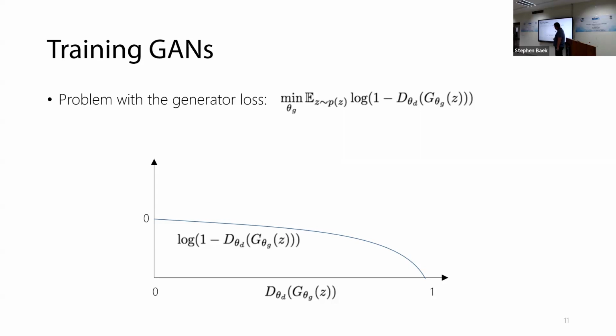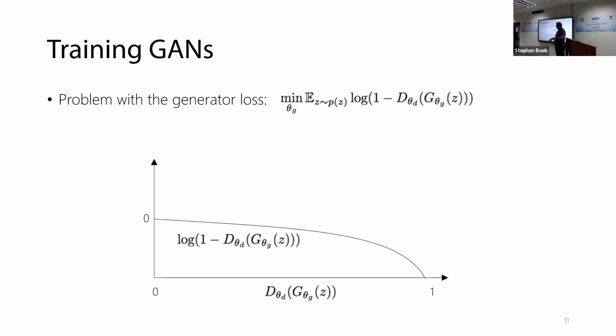And then when the generator gets better, if it ever reaches that stage, then the output of the discriminator, because the generator's output is so realistic, will start to shift towards 1, right? But over there, the slope is pretty steep.